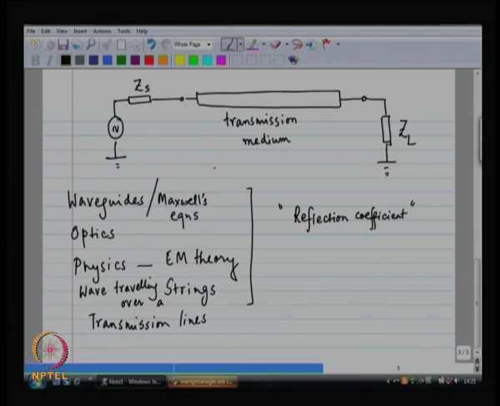All right. So, with this background, I am going to frame the sentence. The sentence is like this: I am going to launch a wave from the source over a transmission medium and receive this wave over the load. What is going to happen is, when I launch the wave over the transmission medium, the wave propagates all the way to the receiver, then it hits the receiver, a portion of this wave gets absorbed in the receiver, a portion of the wave is reflected back.